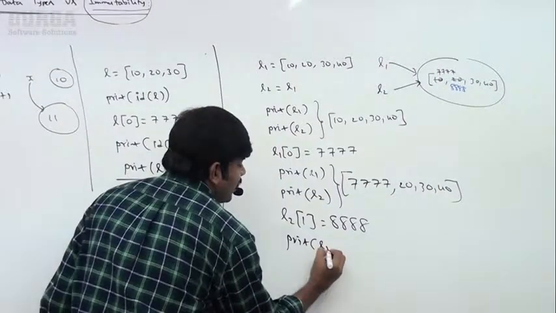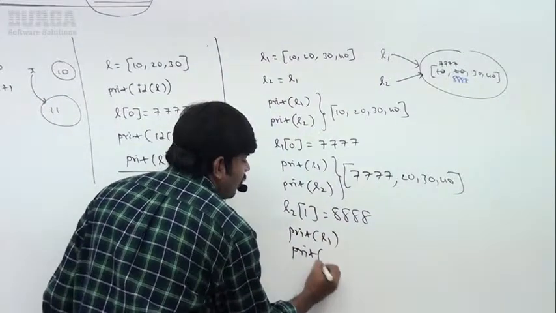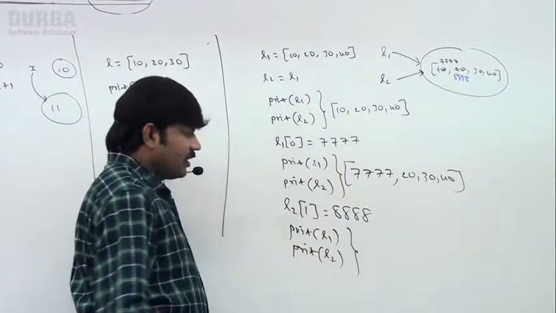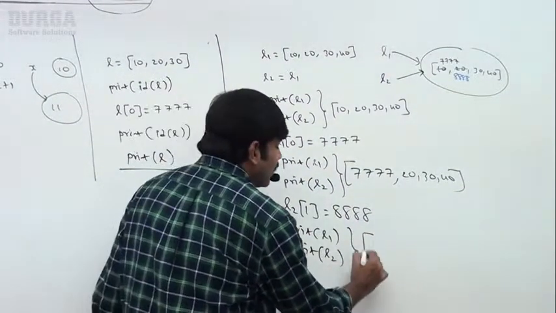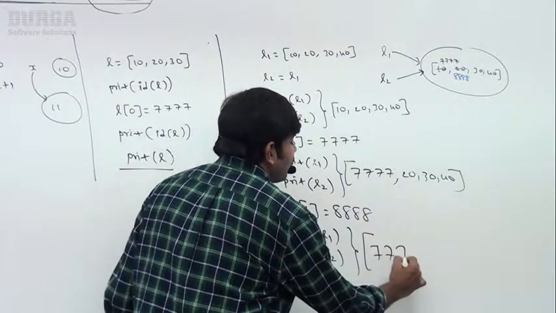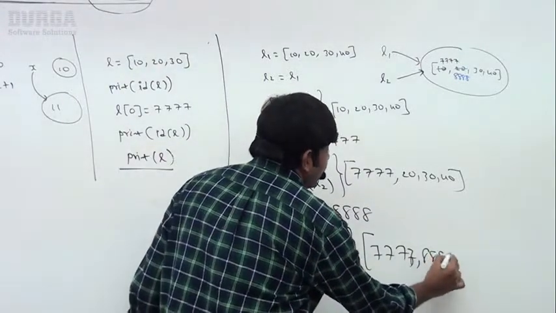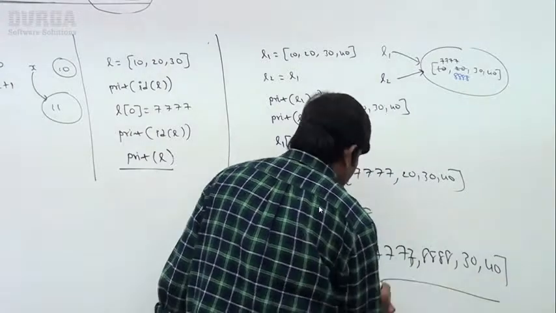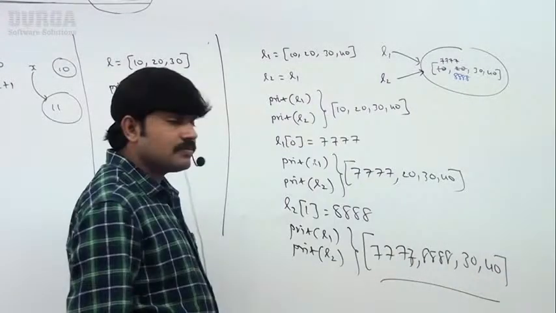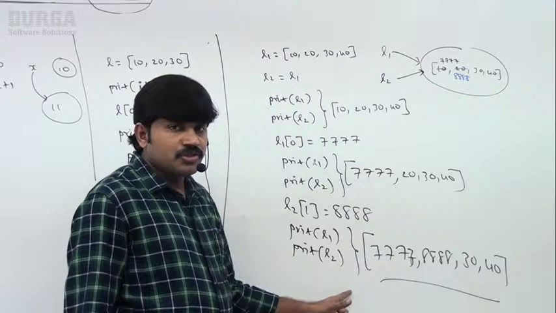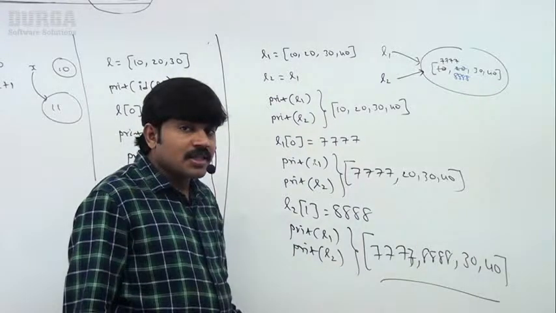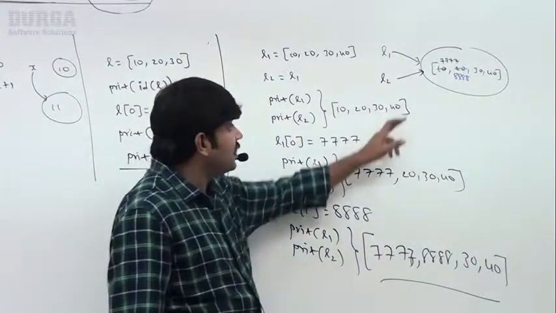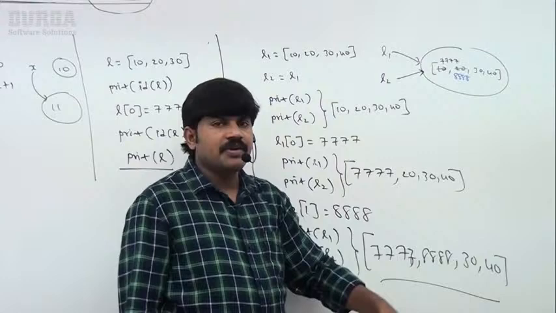Print of L1, print of L2. What answer are we going to get in both cases? 7777, 8888, 30, 40. So in the case of a list, the modifications happen in the same object, and that's why a list is mutable.